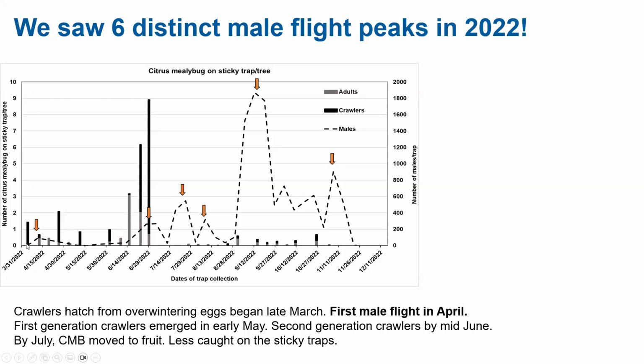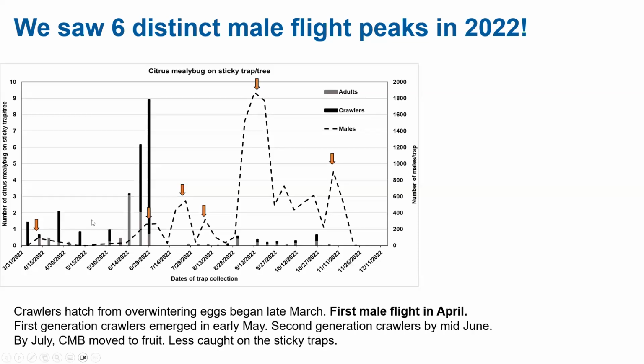So about 2 weeks after catching crawlers, we were catching adults on the tapes. And then that continued for almost a month. And then in June, we caught another population. And then there was a big crawler emergence.